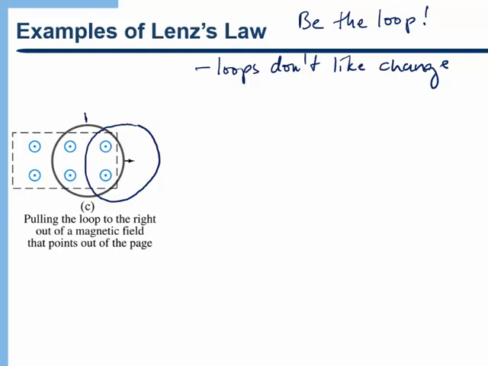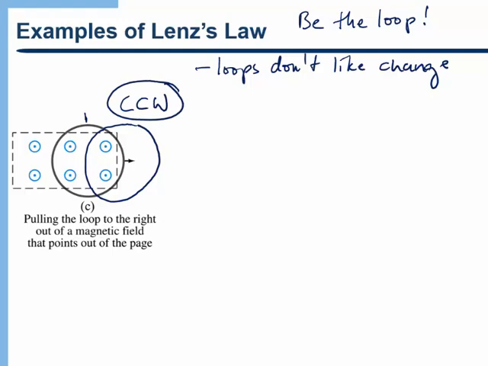If we've reduced the amount of magnetic field coming out, then the loop wants to make magnetic field to replace that. So in other words, the loop wants to make magnetic field pointing out. So put your thumb straight out. Notice what direction your fingers curl. They curl in a counterclockwise fashion. And so the induced current would be counterclockwise.